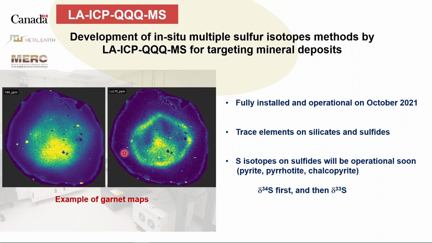Here is an example of a garnet map we did with Antoine Godet, just to show you that our ICP works pretty well. But what I really want to show you is that, with Crystal, we are developing in situ sulfur isotopes with this laser ablation system. So I will show you some preliminary results on that.